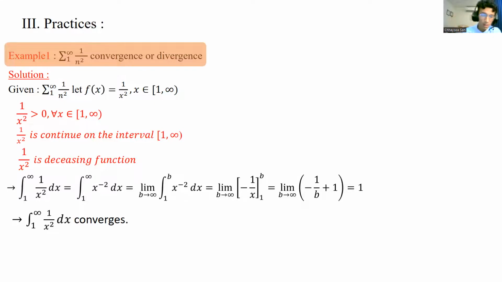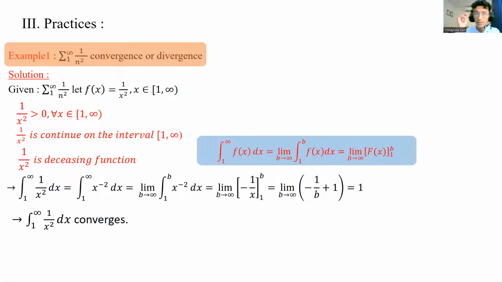In order to calculate the integral from 1 to infinity, we need the formula that we already studied in the last few chapters. Here I also write for you: the integral from 1 to infinity of f(x) dx is equal to the limit of the integral from 1 to p of f(x) dx as p approaches infinity.